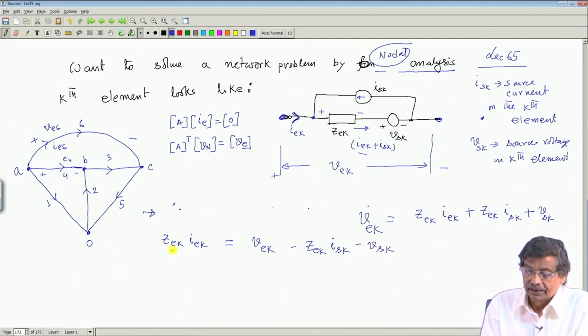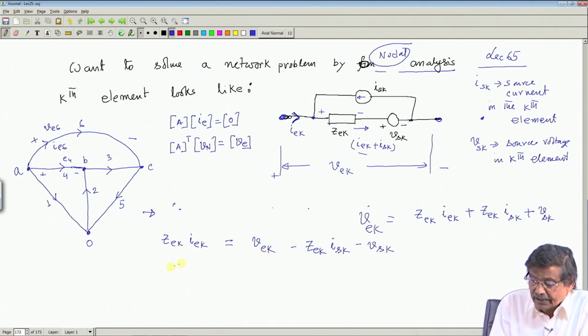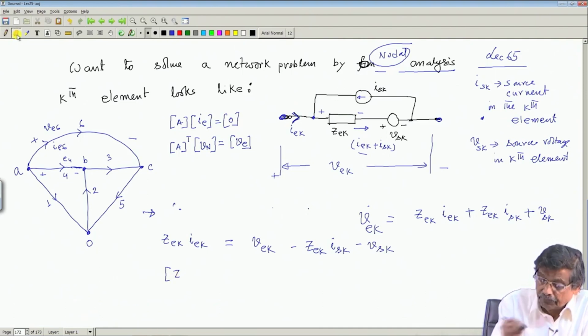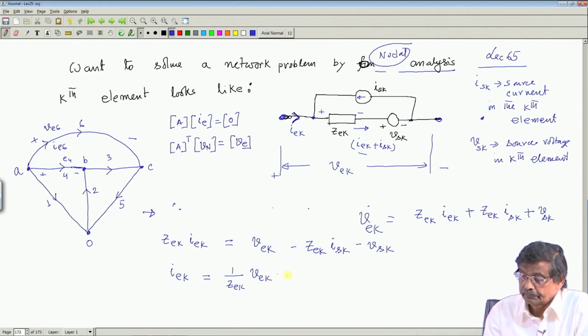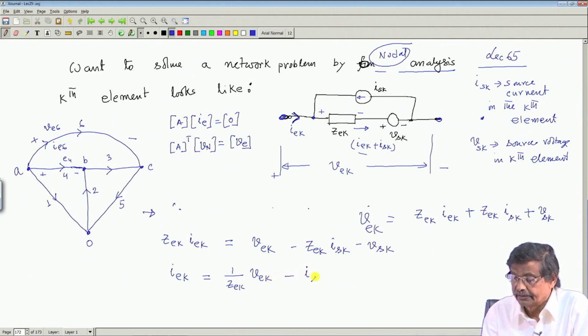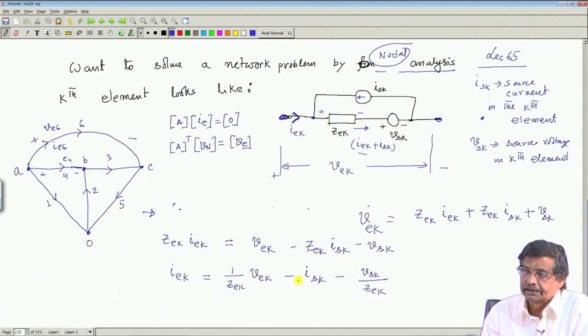Then this is true for all the elements k equal to 1 to 6. Before that, I want to find I e k. I e k will be equal to 1 over j d k into V e k minus I s k, since j d k will cancel out, minus V s k by j d k, dividing both sides by j d k.